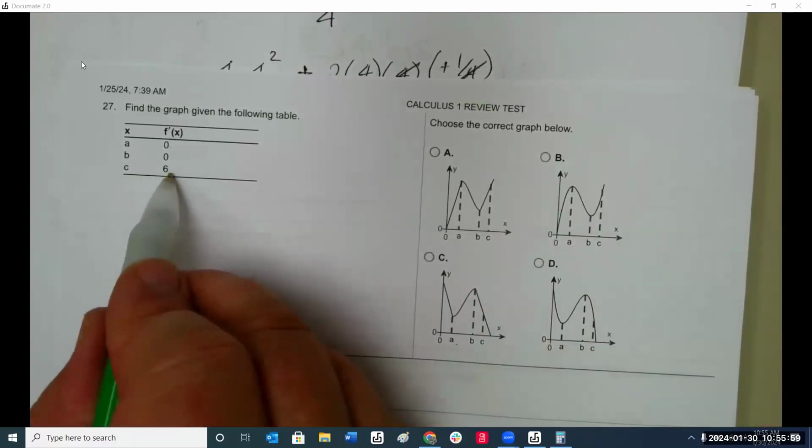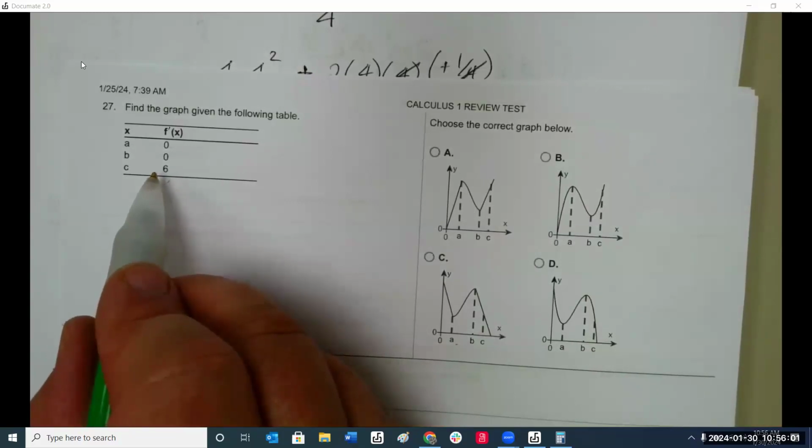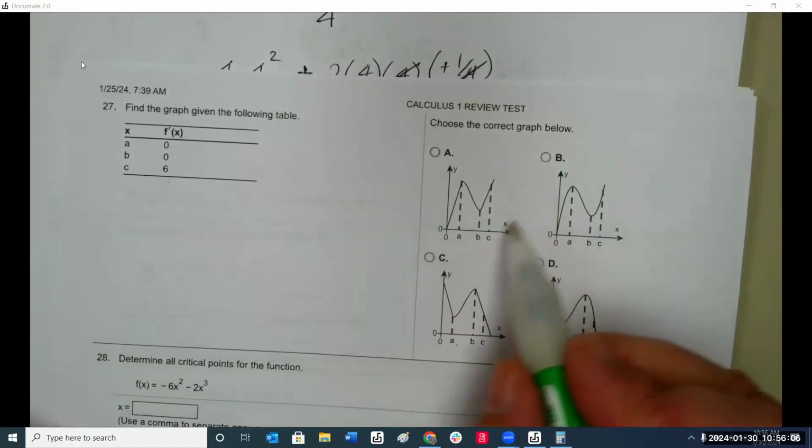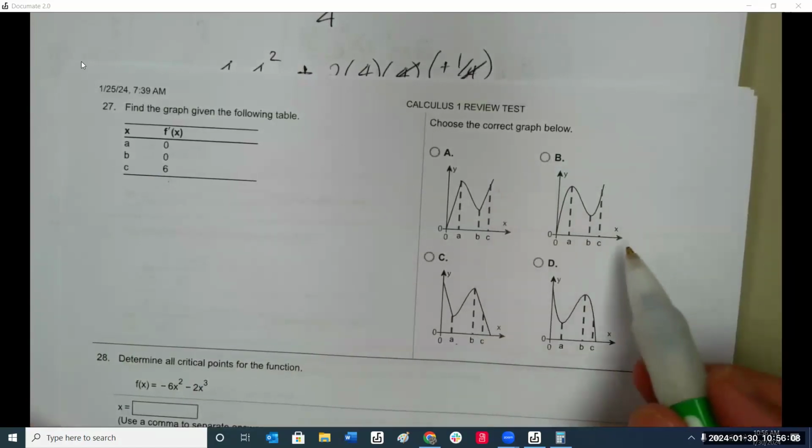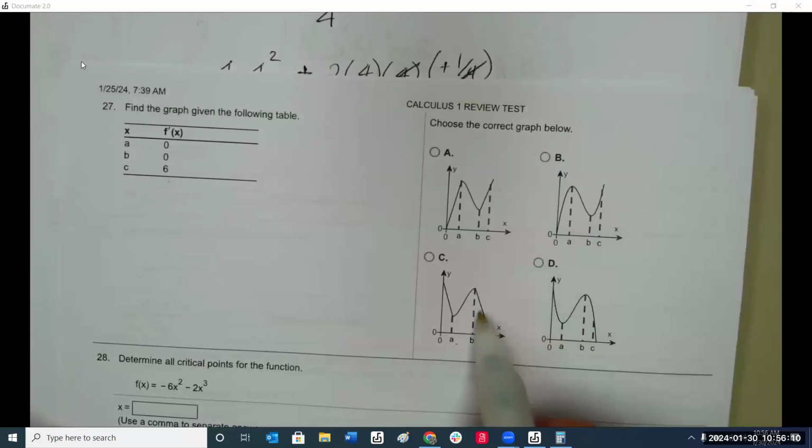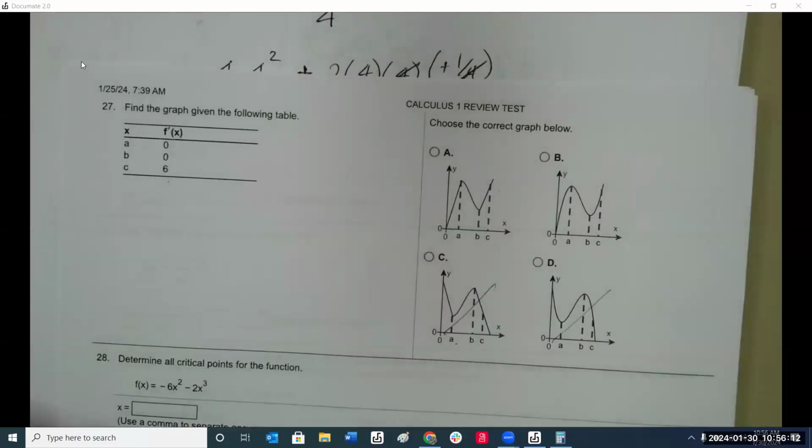Then at C, the slope is 6, which means it's an increasing or decreasing function. Increasing. So it could be that one. It can't be that one, and it can't be that one, because those are negatives. So which one do you think it is?